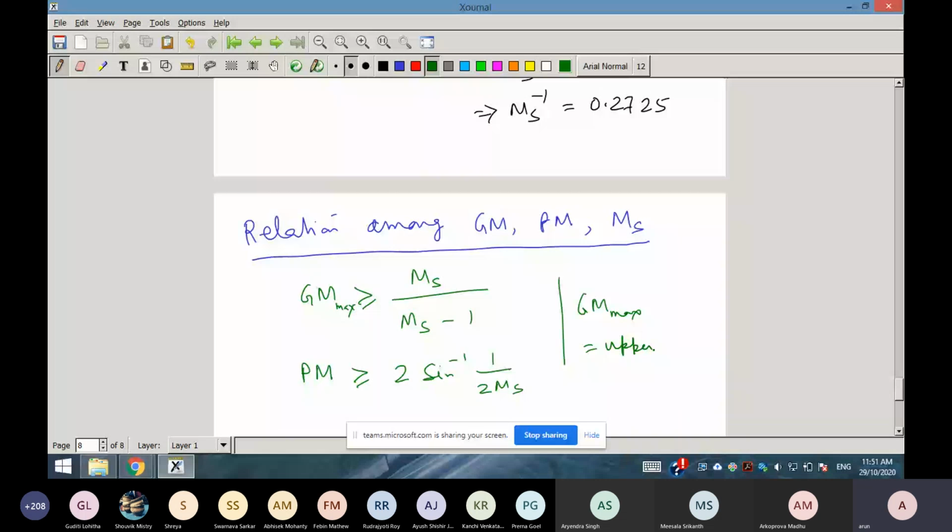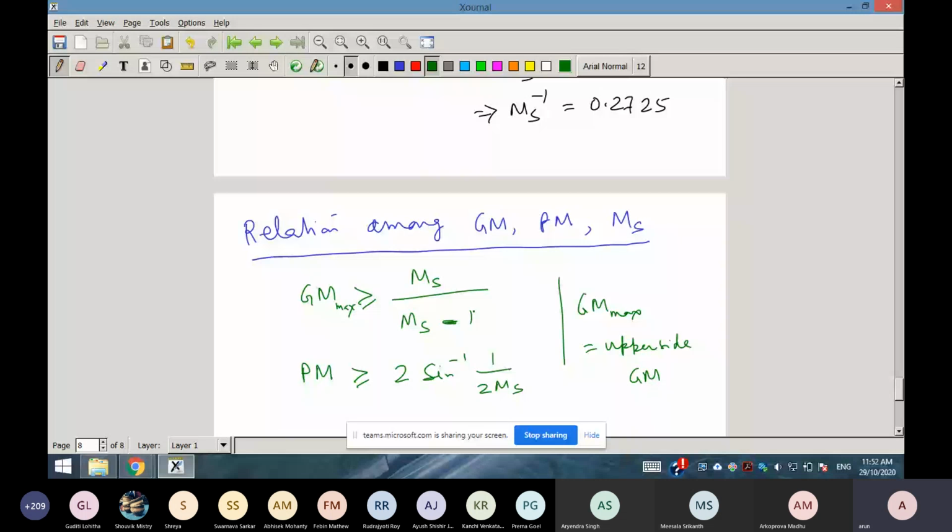Similarly, the lower side GM relation also exists, that I will give you as a home task. So this is MS minus 1. Now this you can always prove for a typical Nyquist plot.